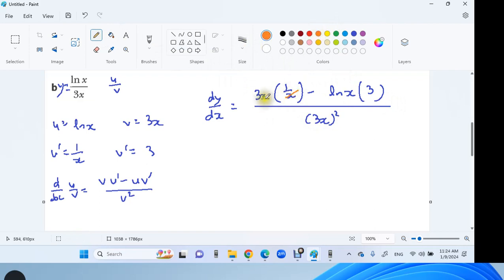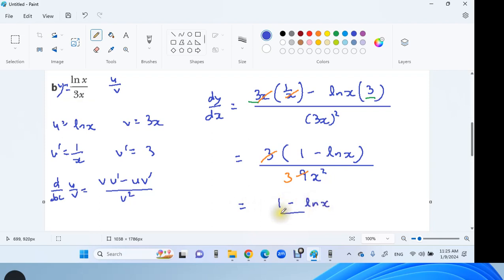The x and x here we can cancel. And then the 3 and 3 here we can factorize. So we have 3, 1 minus ln x over, okay, 3x squared will be 9x squared. Then we can cancel 3, 3, 9. So the final answer will be 1 minus ln x over 3x squared.